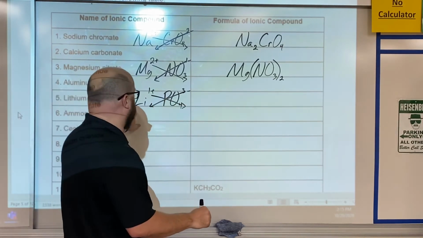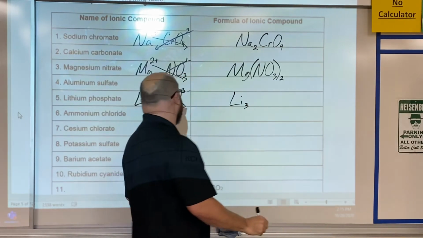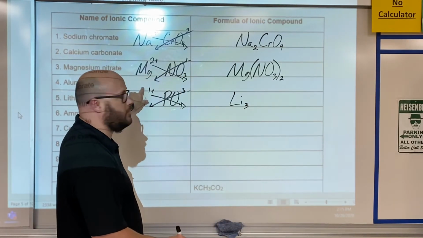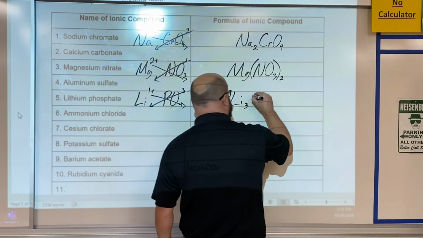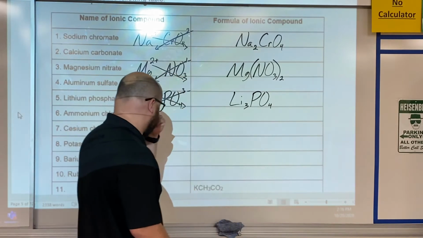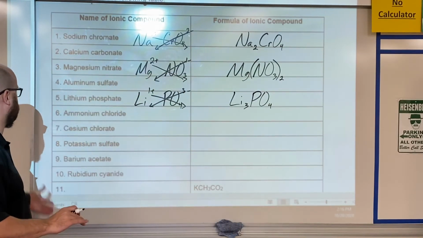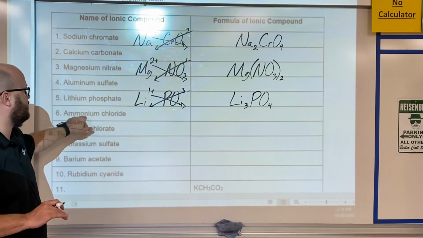And you end up with Li3, PO4, 1, no parentheses needed, PO4. Okay, let's check out number 6, ammonium chloride.